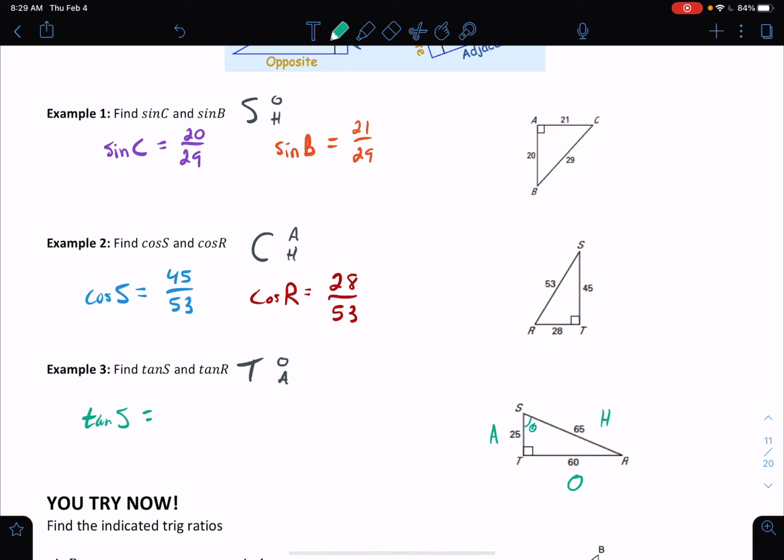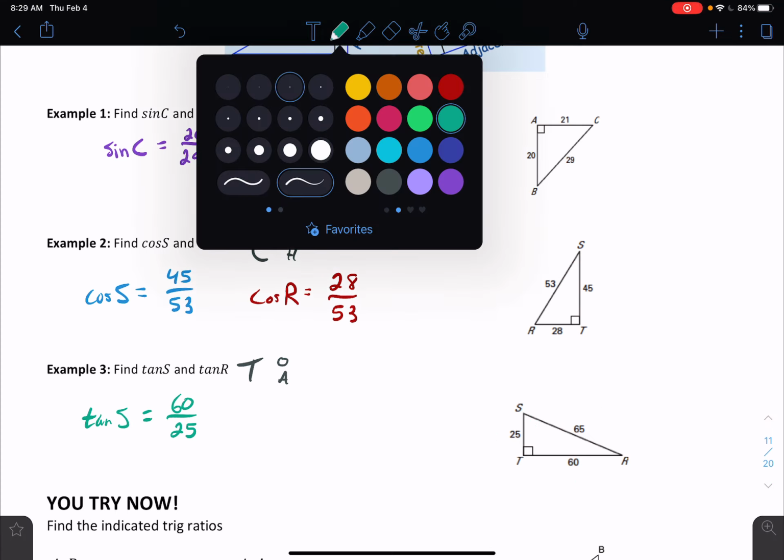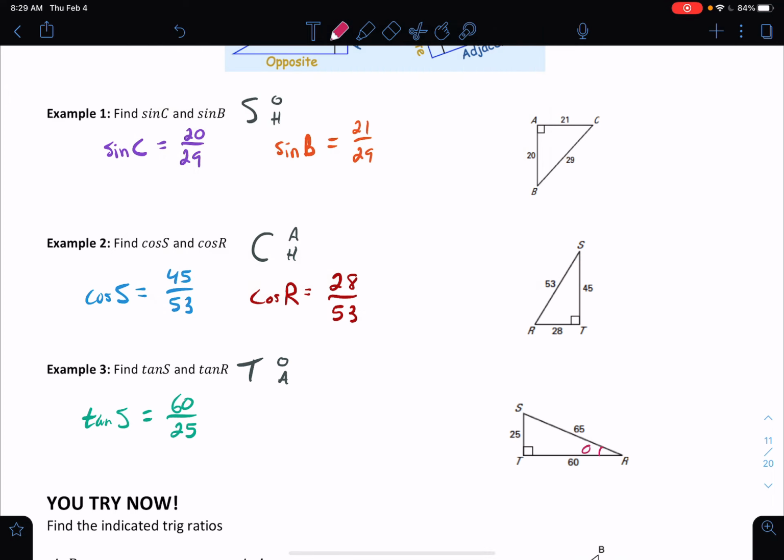So tangent of S is going to be opposite, which is 60, over adjacent, which is 25. So 60 over 25. And then let's find the tangent of R. If this is my theta, that means that 25 is my opposite, 60 is my adjacent, and my hypotenuse is still 65. So tangent of R is going to be 25 over 60, opposite over adjacent.